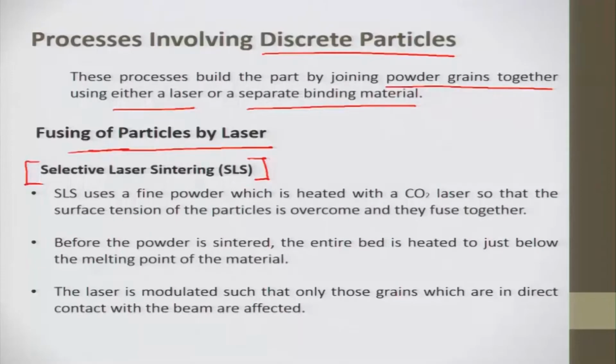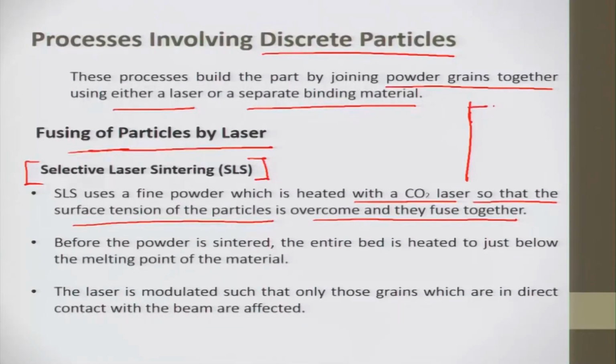Now, selective laser sintering uses a fine powder which is heated with a carbon dioxide laser so that the surface tension of the particles is overcome and they fuse together. Now, I would like to recall, this is layer by layer, as most processes work.